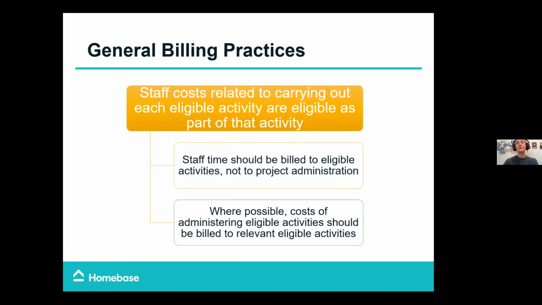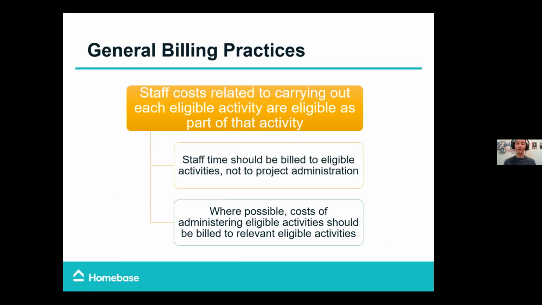Before I move on to the final line item, I wanted to take a moment to note some general billing practices, and this relates to some things that we've mentioned previously. But in general, the staff costs, the personnel costs of doing these eligible activities are eligible as part of that activity.